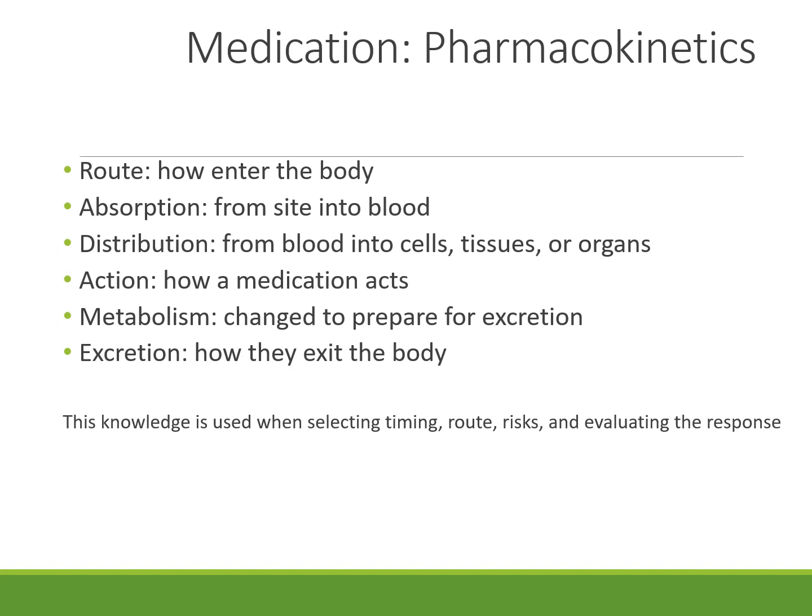Speaking of the route, that means how you are going to administer the drug so that it can enter the human body. Route of administration, I have mentioned before: orally, parenterally, through injection or through intravenous. Those are some examples of the routes.